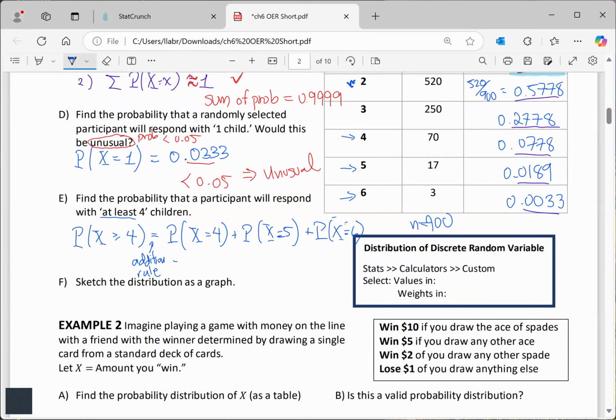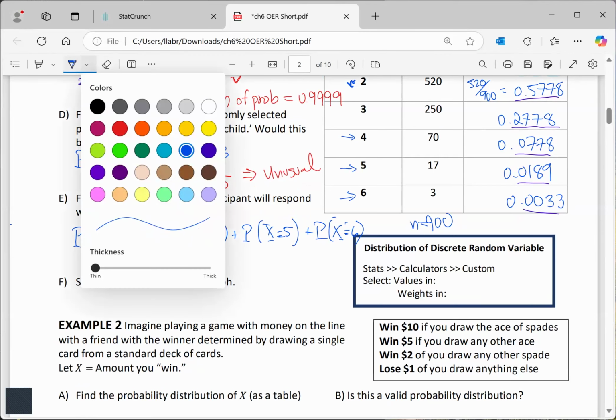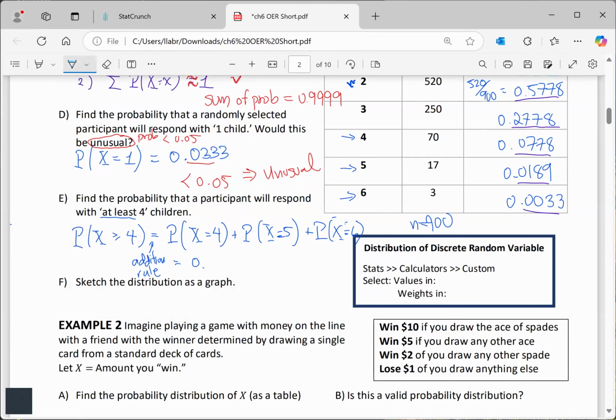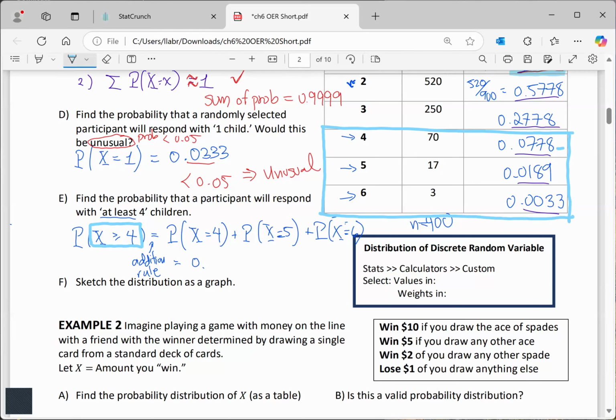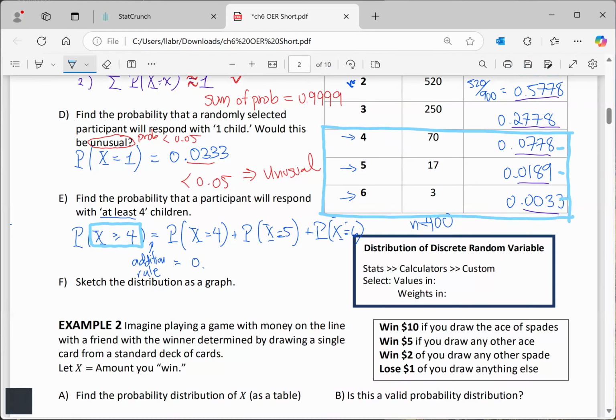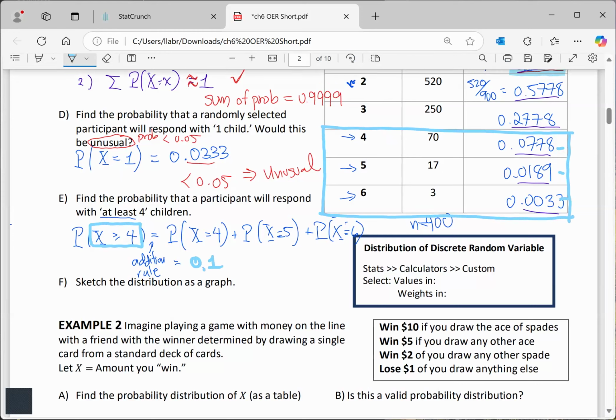In other words, I simply go ahead and add the corresponding probabilities. I hope you get the point. Let's just highlight this. So I'm simply adding these probabilities right here. And I get 0.1.